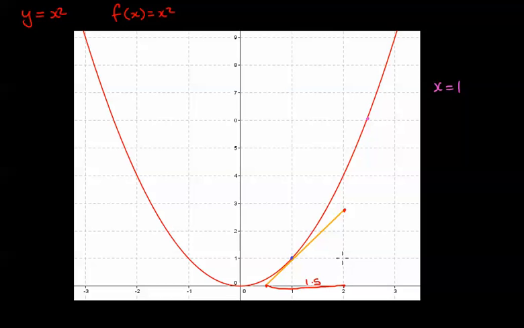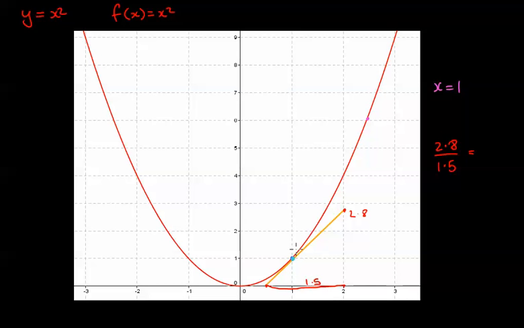It is 1, 2, and maybe that's 2.8 or 2.9. So I'll have to do 2.8 divided by 1.5 to work out the gradient at this point, using this tangent line that I've drawn by hand.